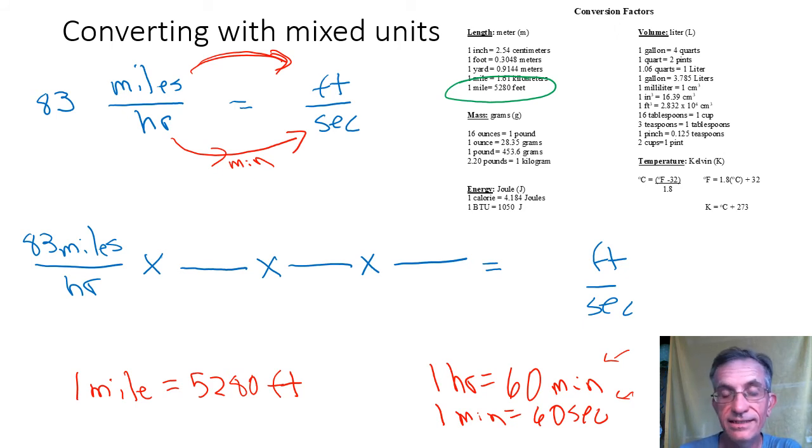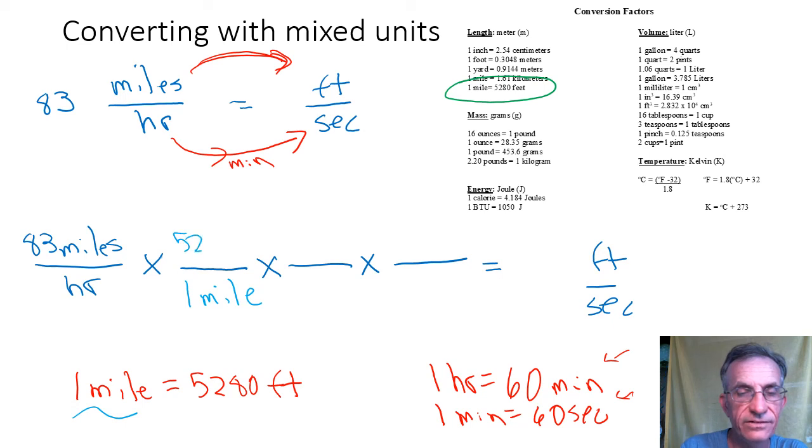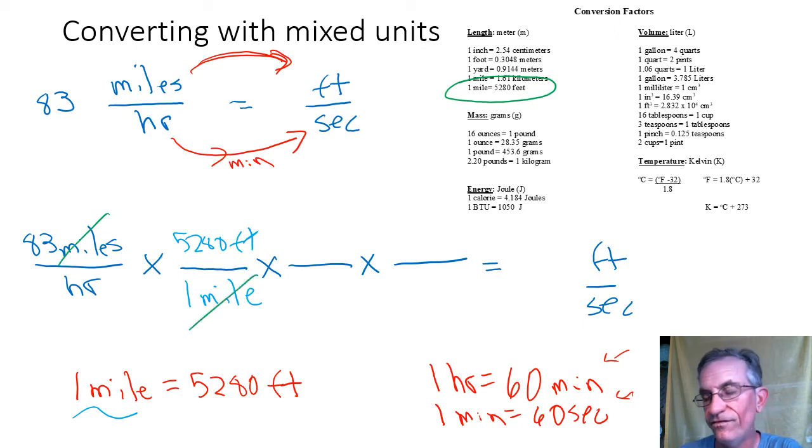Let's look at my conversion factor. Miles is there. Put miles on the bottom. That means the number on top has to be 5,280 feet. Oh, that looks good because miles cancels and we have feet.